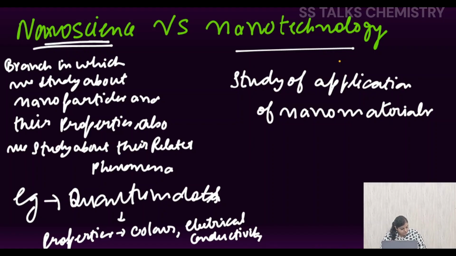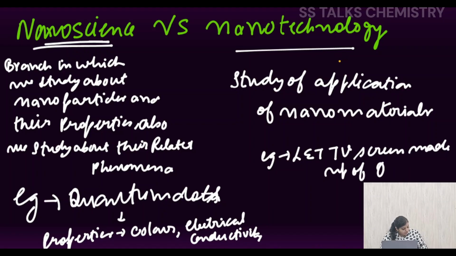And the application of it, for example, is in LED TV screens, which are made up of quantum dots. So this is the difference between nanoscience and nanotechnology. Okay, I hope the difference between the two is clear now.